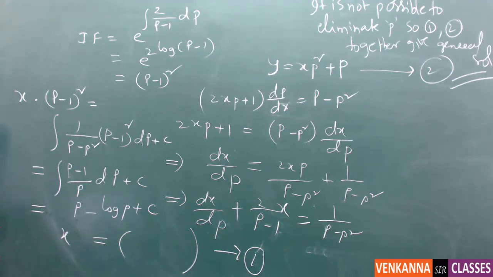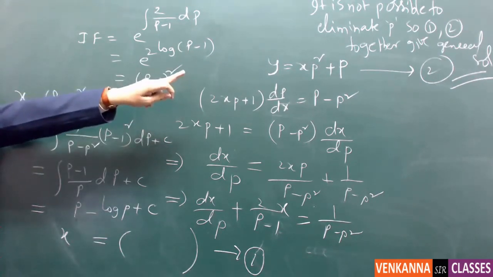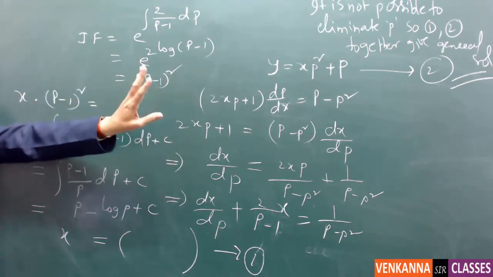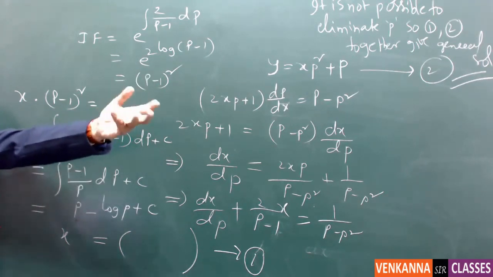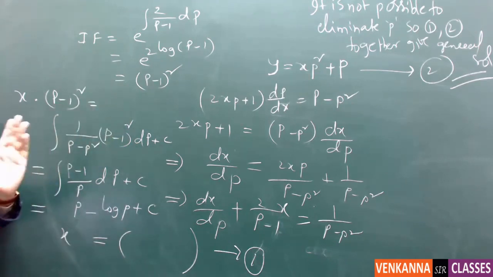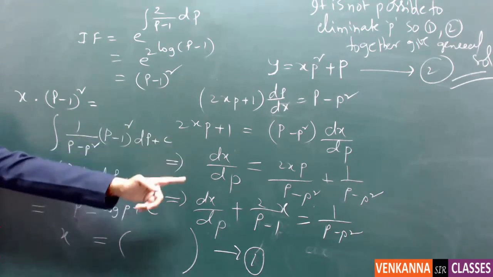Now, how to say that from the given equation, it is not possible to eliminate p? Very simple. You are identifying that it is soluble for y. You have done the differentiation. After doing differentiation, if it is not possible to take the terms as common, the other alternative is that it will come under the category of linear model.